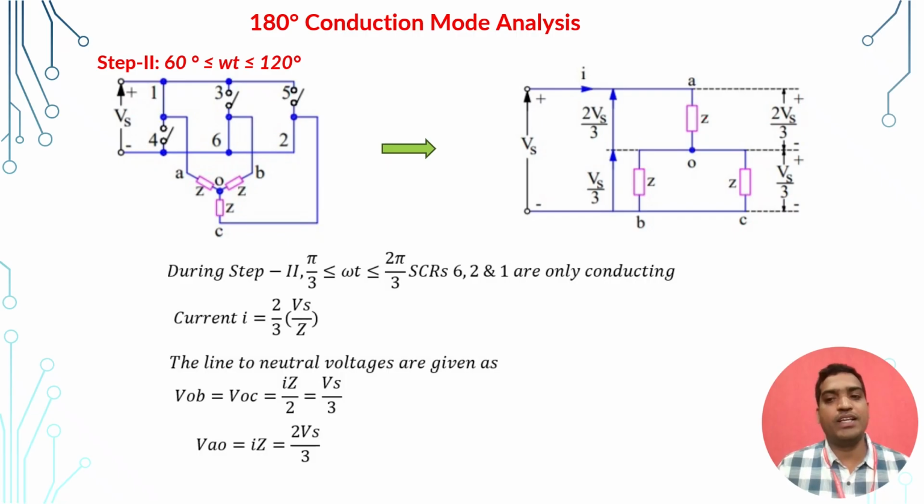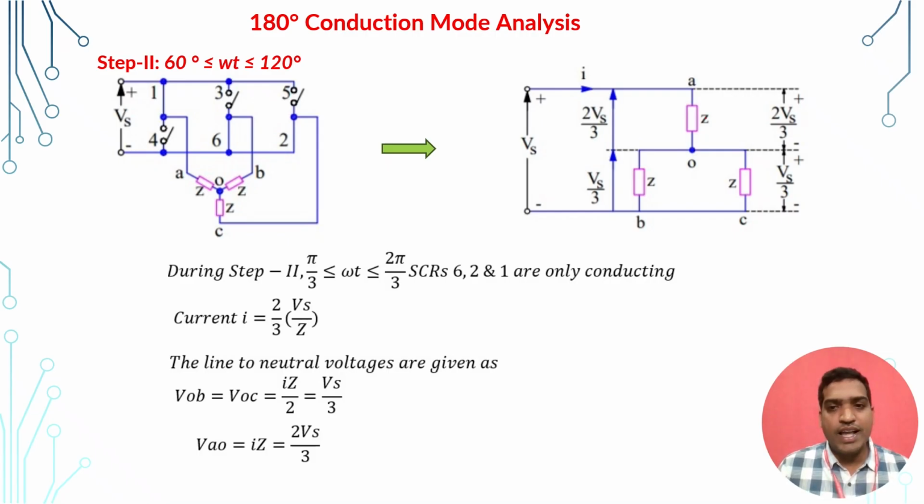The equivalent impedance is Z by 2, and the current we already found. When we substitute I into Z by 2, we get Vs by 3 as the line to neutral voltage, that is the phase voltage across VOB as well as VOC. In a similar fashion, now I want to calculate the voltage across AO.